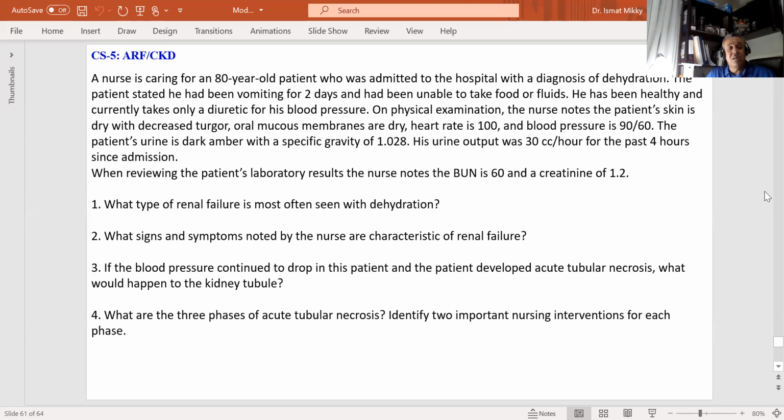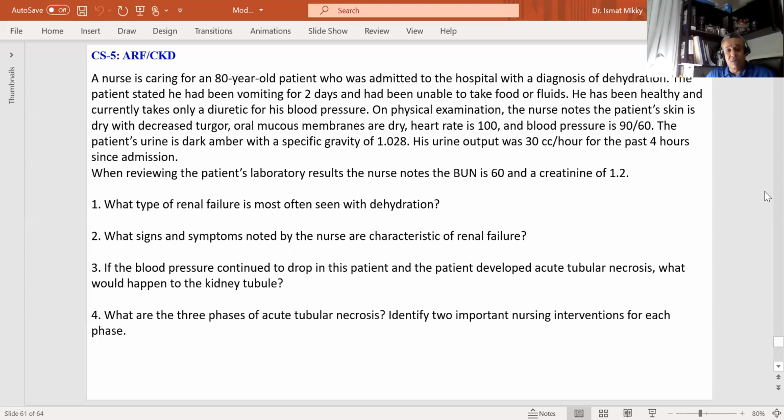The physical examination also demonstrated dry skin, decreased skin turgor, and dry oral mucous membranes. The vital signs are also consistent with decreased blood volume, which usually shows as hypotension and tachycardia.